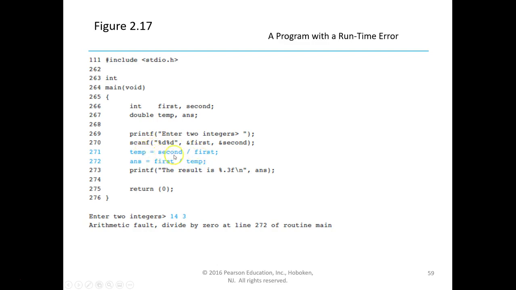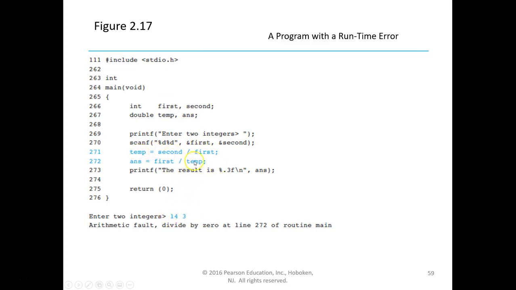Because when you do second and first, because you define second and first as integers, this one will compile fine, no problem. Now when you start running it, that's where the problem is, because you are saying the first is 14 and the second is 3. So you divide 3 by 14 here, which is going to give you 0.